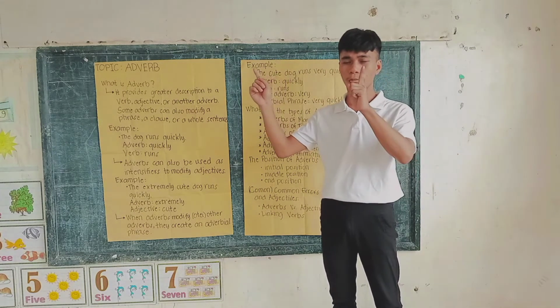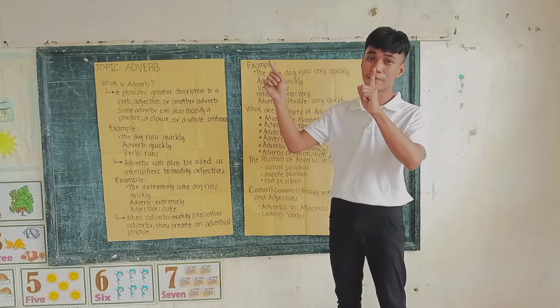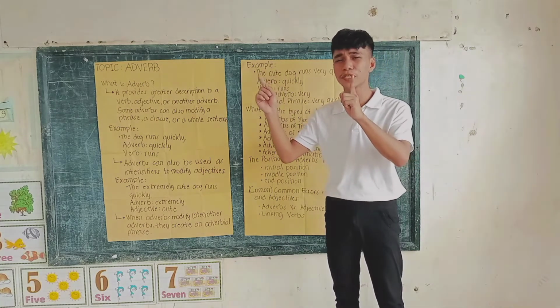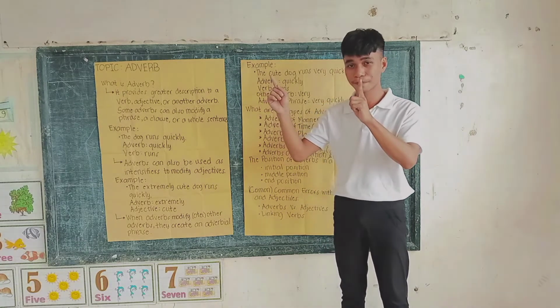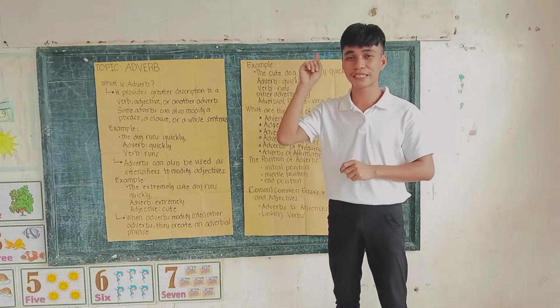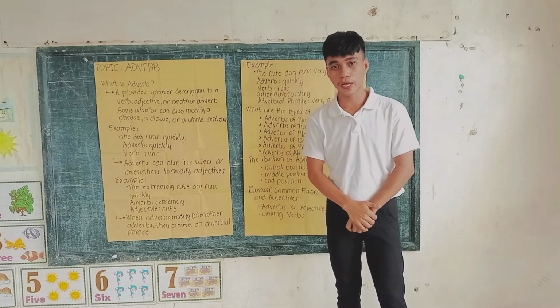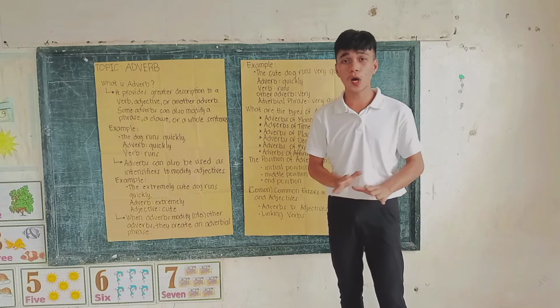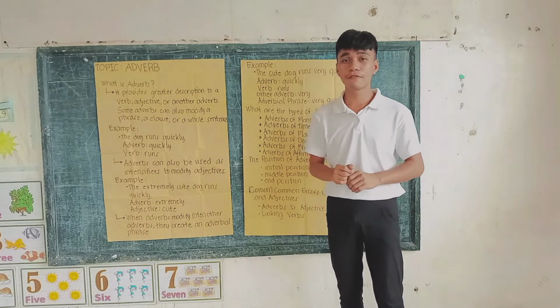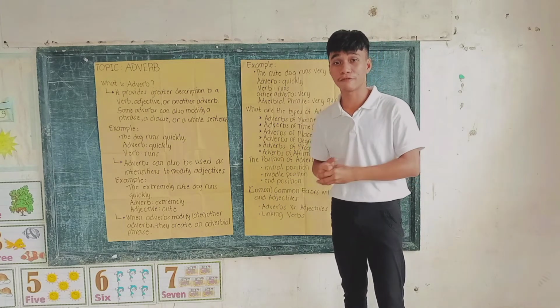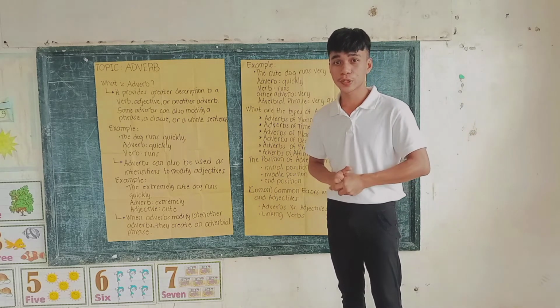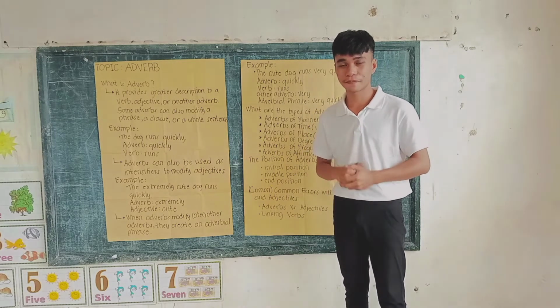Example number 2. I feel badly about canceling our date. So which of these examples is the grammatically correct sentence? Correct, it's the number 1. So if you are modifying linking verbs, do not use adverbs. Hence, use adjectives.